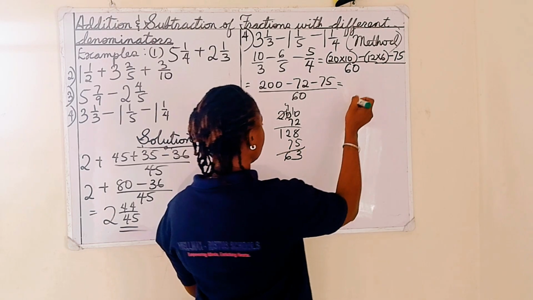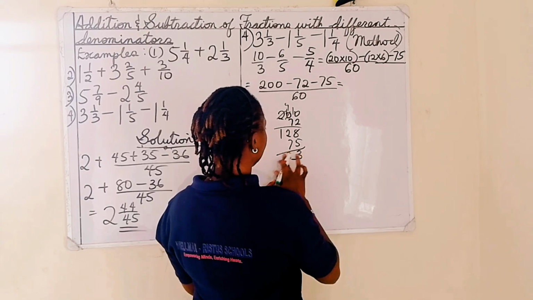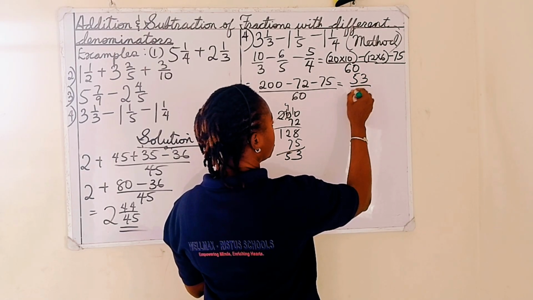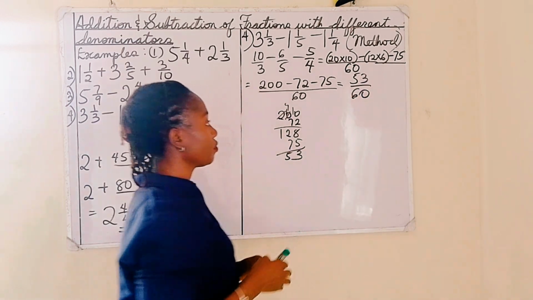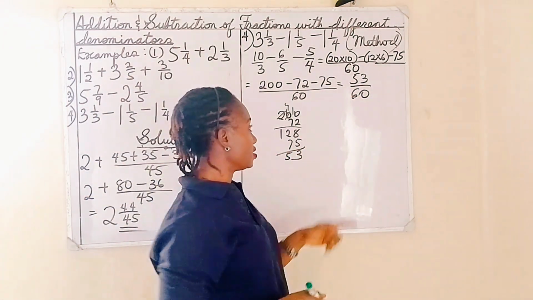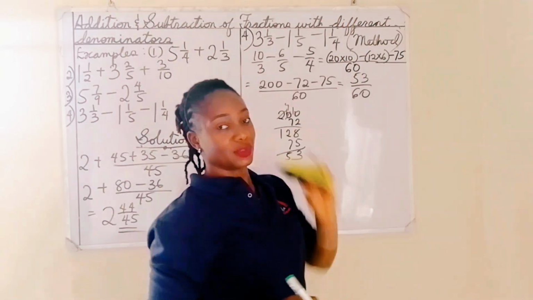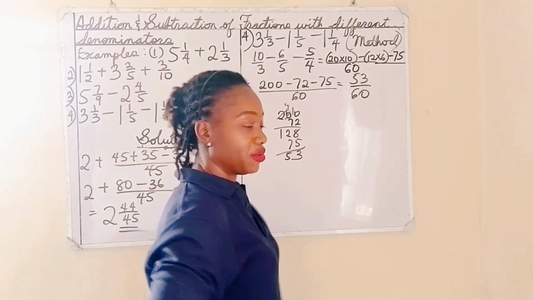That will give us 53 over 60. And that's the final answer, 53 over 60, using the first method. Now, let's try the second method.